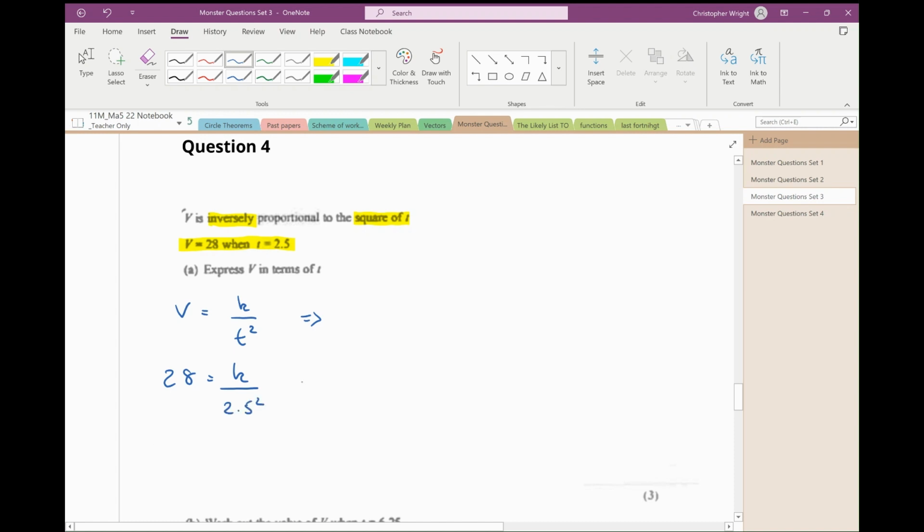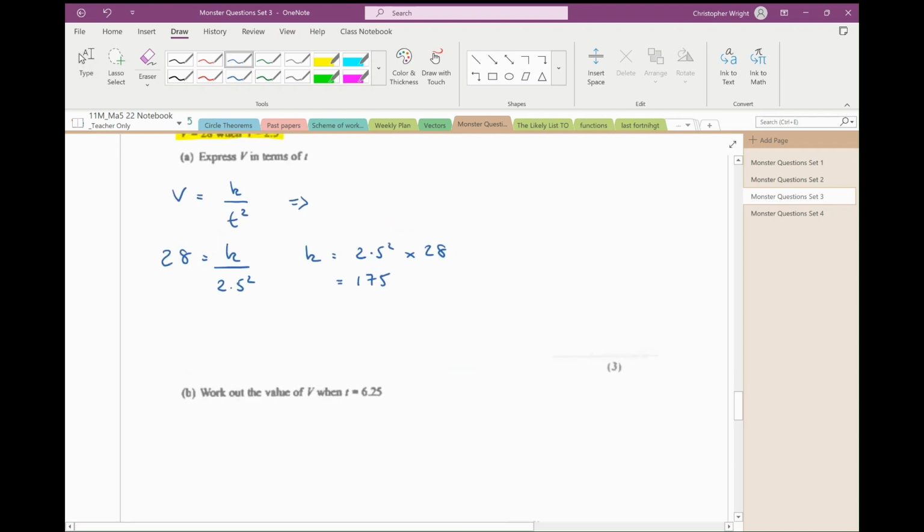So that would mean that k will equal 2.5 squared times 28, which gives me 175. So k is 175, which means that I can return to my formula, and instead of k over t squared, V is 175 over t squared.